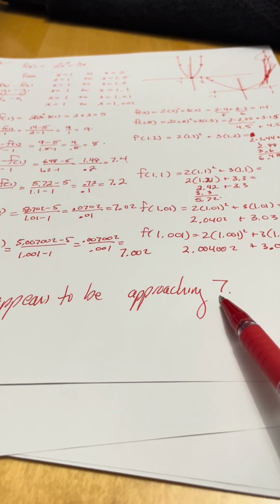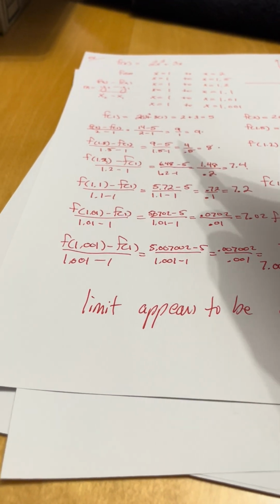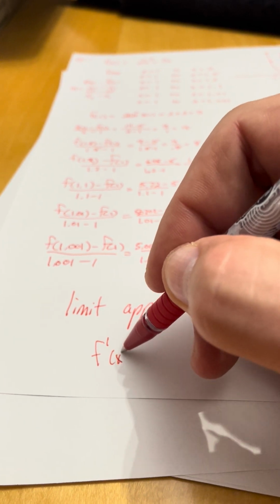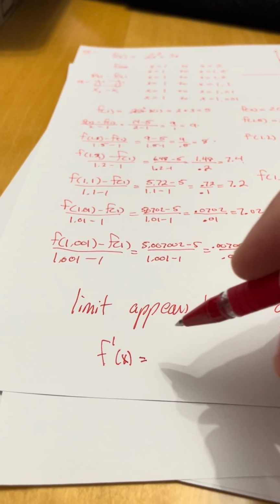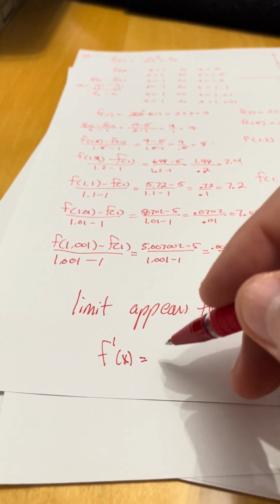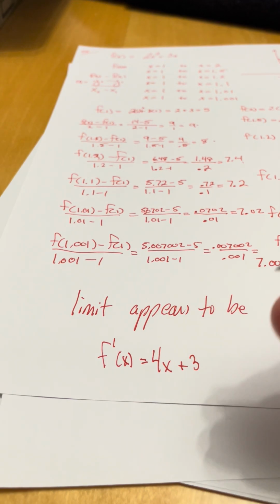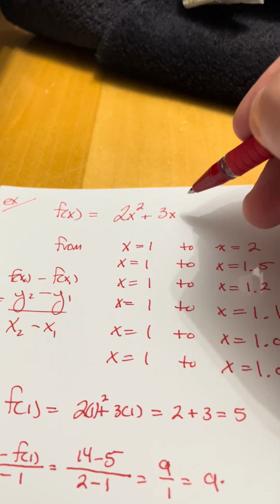Now, there's a way to validate this, and we can actually do this by taking the derivative. One of the notations for the derivative is f prime, this little dash up there. The derivative is going to be 4x plus 3, and you just need to kind of trust me on this, but I'll show it real fast.